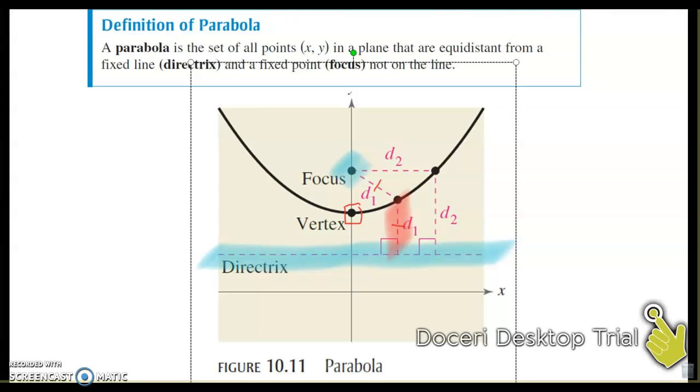So if you wanted to graph a parabola on paper, you're just going to need a fixed point, which we're going to call a focus. Then you're going to need a line, which we call the directrix, like that.